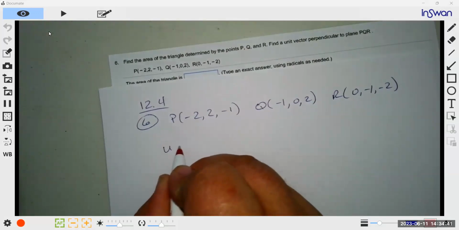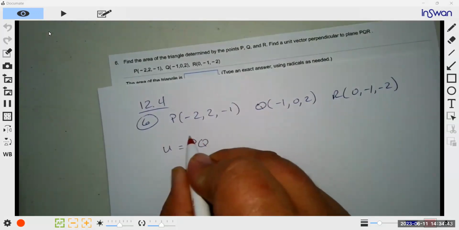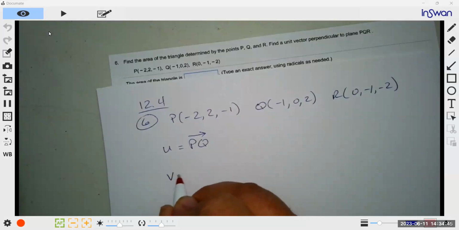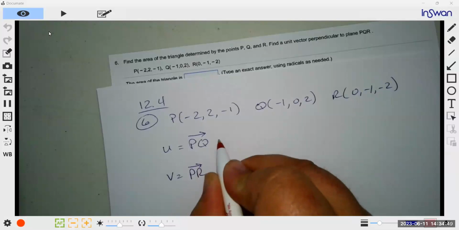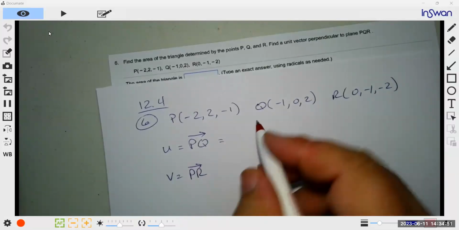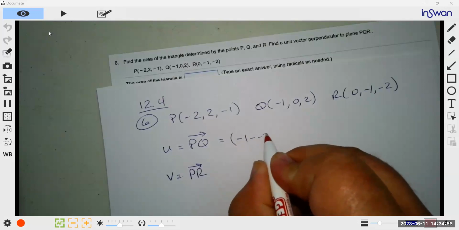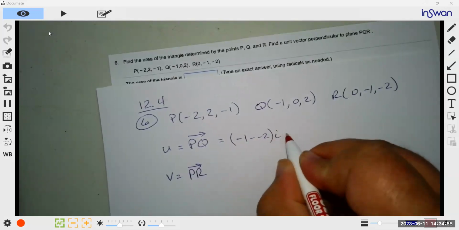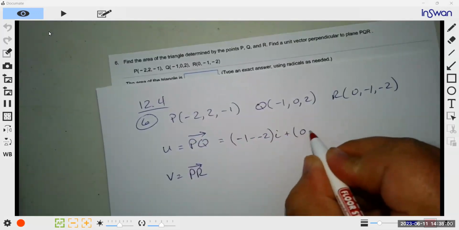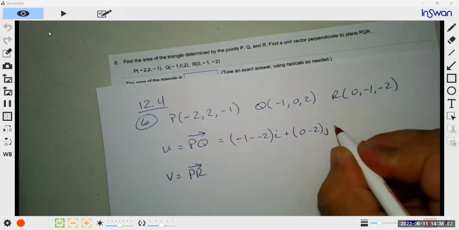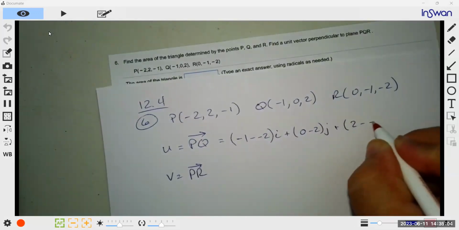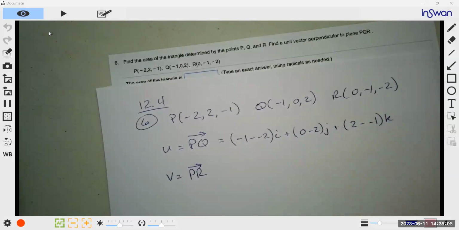We have to find vector u, which is PQ, and then vector v, which is PR. -1 minus -2. 0 minus 2. 2 minus -1.